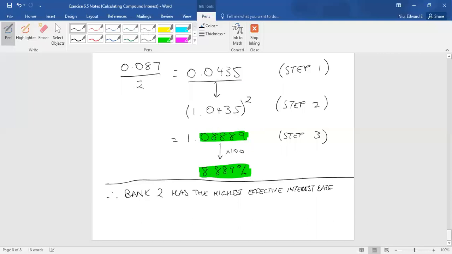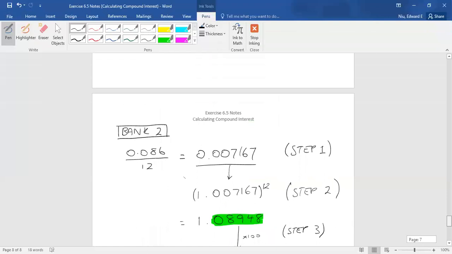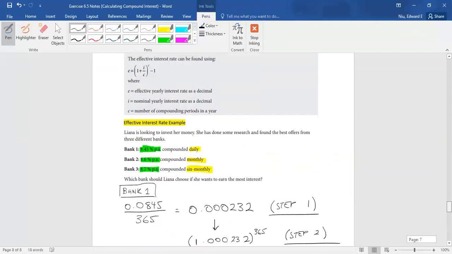What was the interest rate? 8.948% per annum. Bank 2 has the highest effective interest rate at 8.948% per annum, meaning if Liana goes with bank 2, she's going to get the most out of her investment.